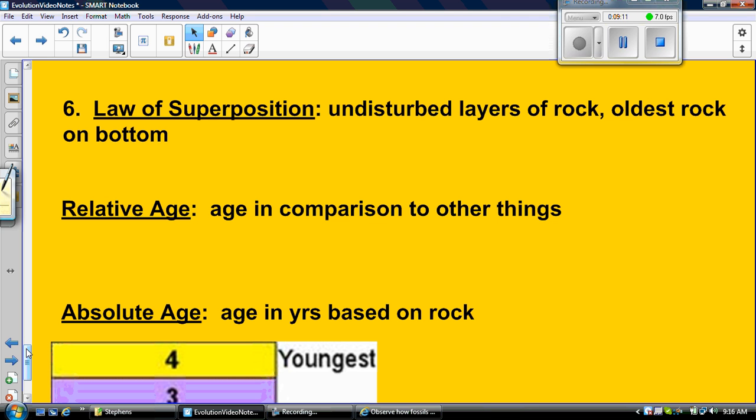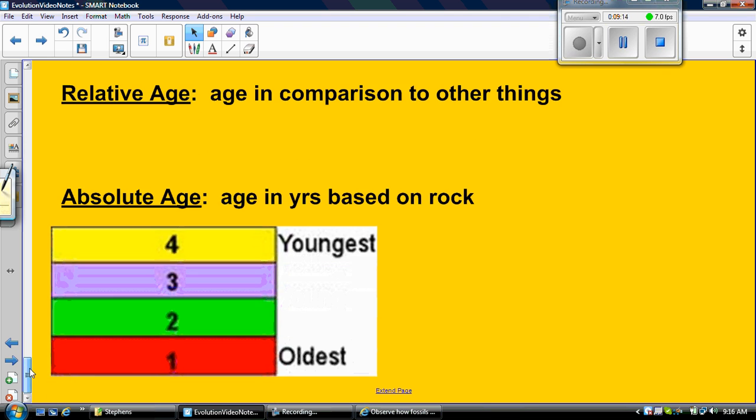So if we find a fossil that has been laid down in horizontal layers, if we find a fossil in this layer, we know it's older than a fossil found in this layer based on the law of superposition. We're going to talk about that when we do relative dating later on. Sometimes these rock layers can get disturbed. But if they haven't been disturbed, then the oldest layer is the layer on the bottom, and so the fossils found at the bottom are going to be older than the ones found above it.